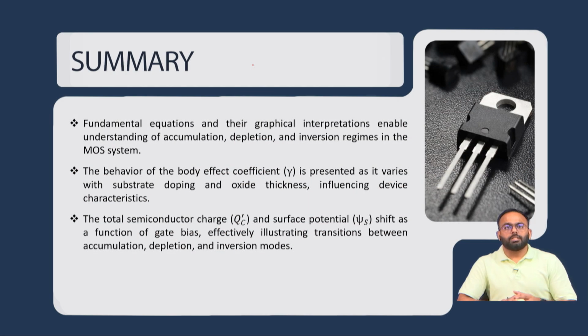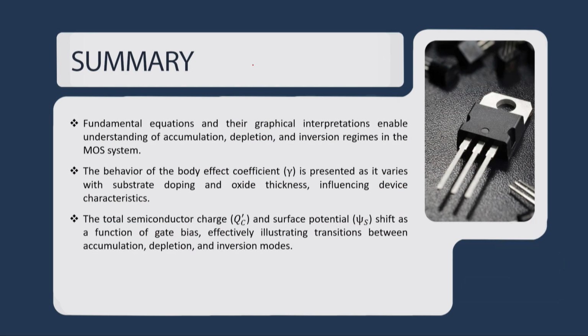So, let us summarize. In this lecture, we have seen that a closed form equation is very important because we are not only interested in how the surface potential and the channel charge are related. We are actually interested in how my surface potential changes with the applied gate voltage, and as a result how my channel charge changes.